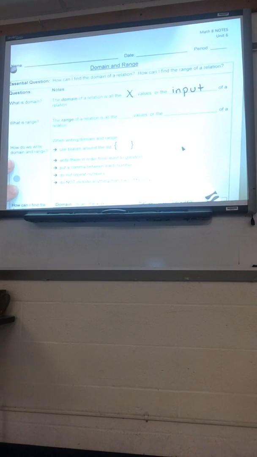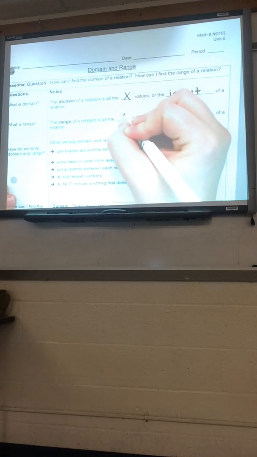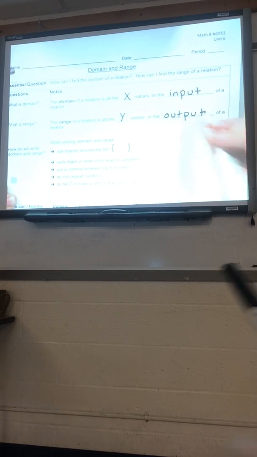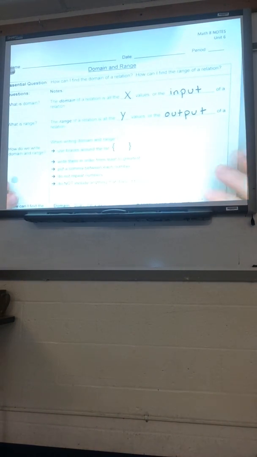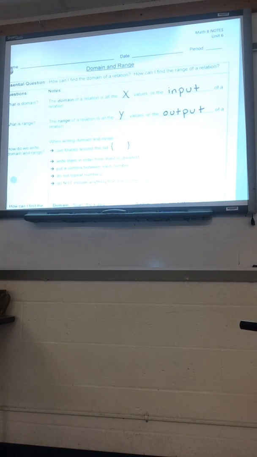We use the word input because that's what gets put into the relation, and then the output is what we get out. The range is all of the y values, or the output of a relation, okay? So domain are your x values, range is your y values.